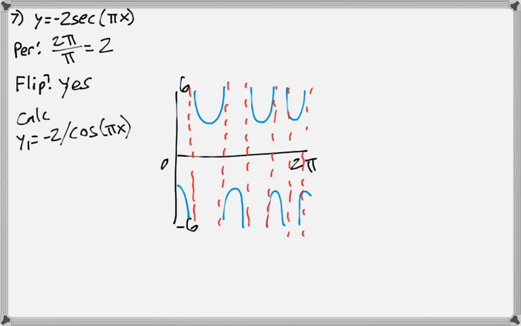And then if you want to, you don't have to, but if you want to graph the corresponding cosine function at the same time, because it's kind of interesting to look at. If you graph -2 cosine of pi x, then you'll see how it matches up.